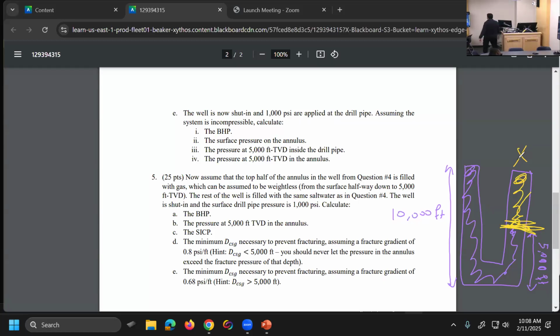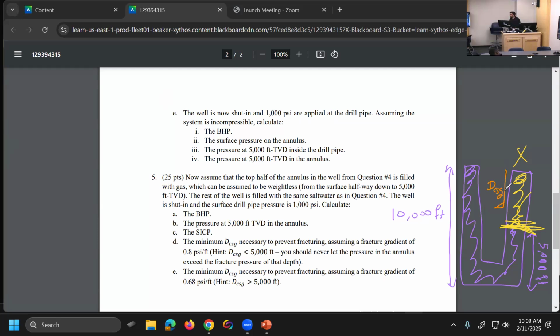So I'm giving you a hint here that my casing shoe is less than 5,000 feet. So it's somewhere here, DCSG. I should have used orange. Sorry about that.